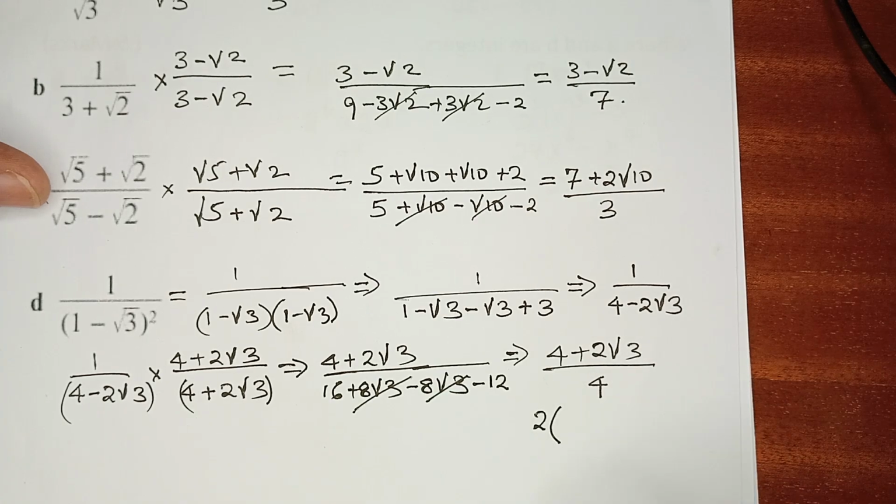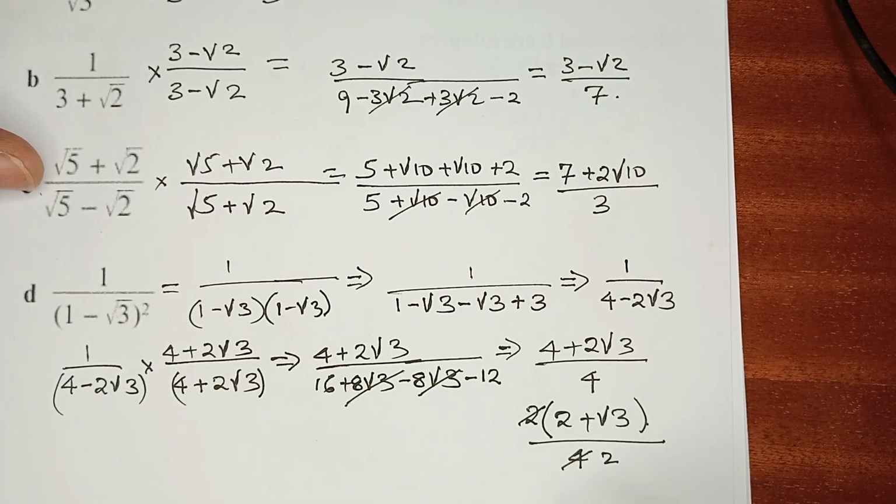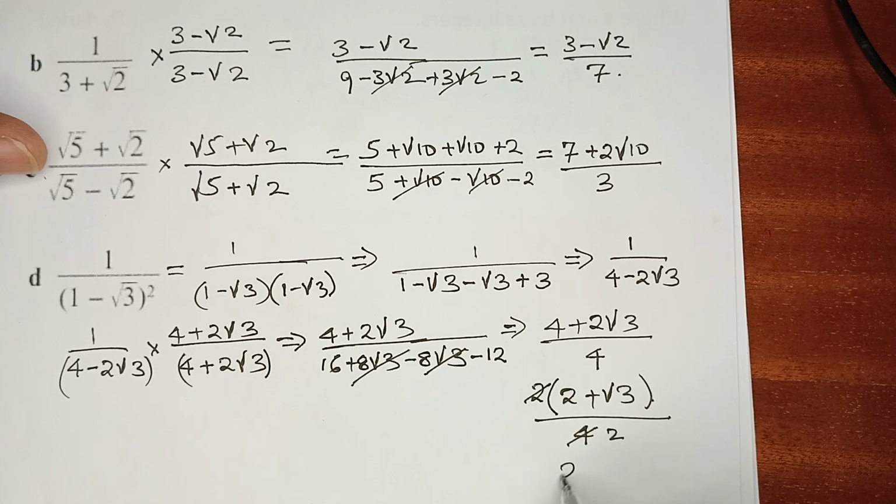So outside there we have 2 times 2 plus root 3 inside the bracket, over 4. 4 divided by 2 is 2, and by 2, 2. So the final answer is actually going to be 2 plus root 3 all over 2.